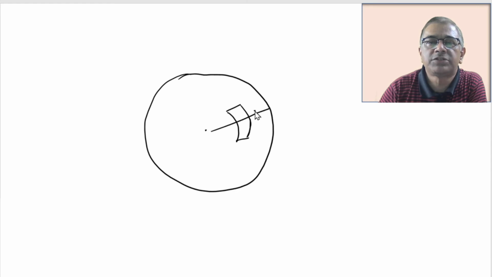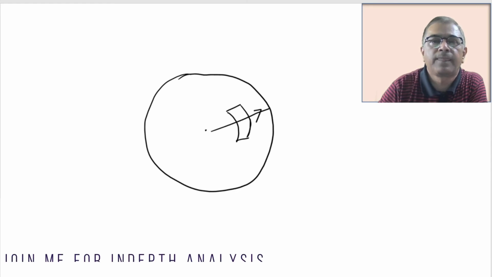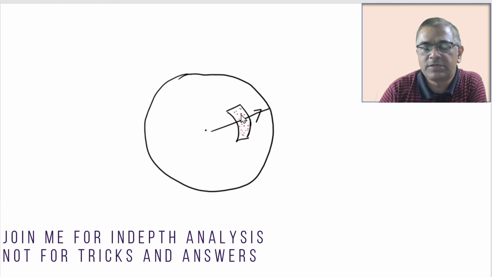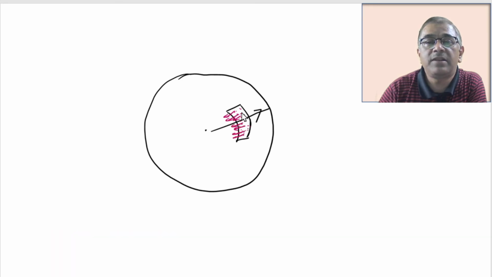This is the direction in which current is increasing, and all the electrons have thermal velocity, but the average thermal velocity is 0, so I am not bothered about the thermal velocity. I will take care of the collective motion of the electrons, which has got to be inwards. Is it right? So effectively all the free electrons within this metal will be moving in this direction, because the current is radially outwards, so the free electrons have got to move radially inwards.